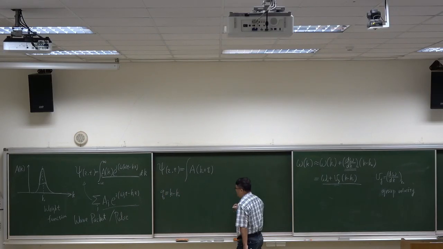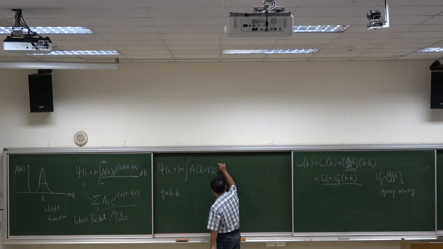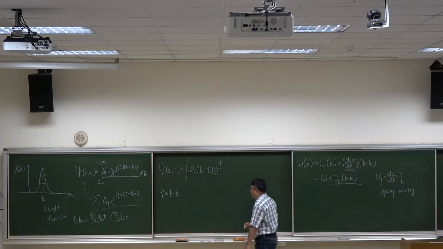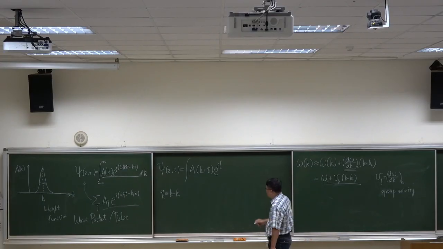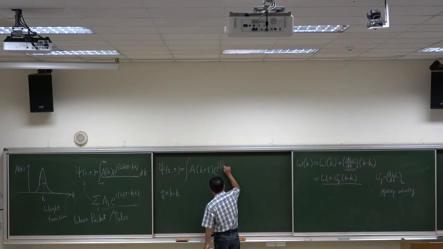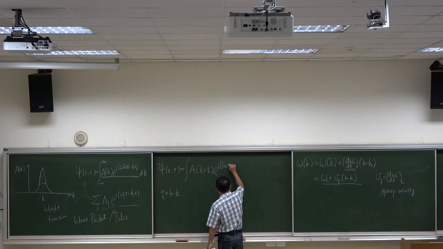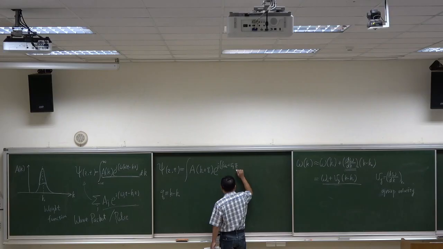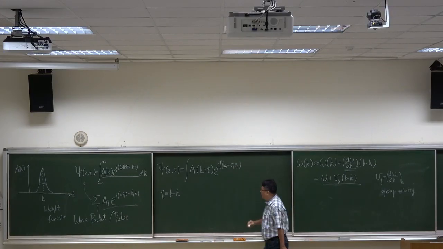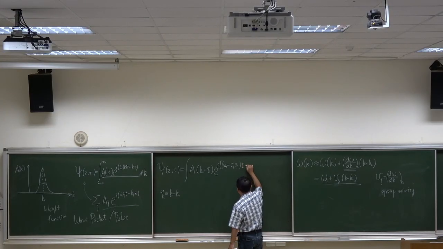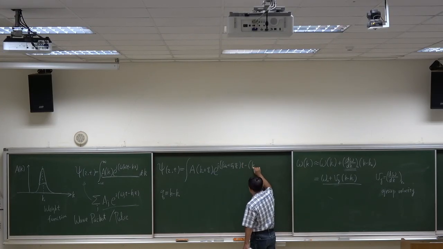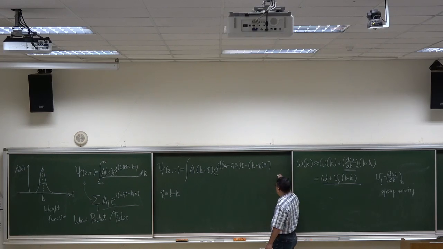And exponential i times omega, which is now omega naught plus d_g times q, times t, minus k naught plus q times z, dq.